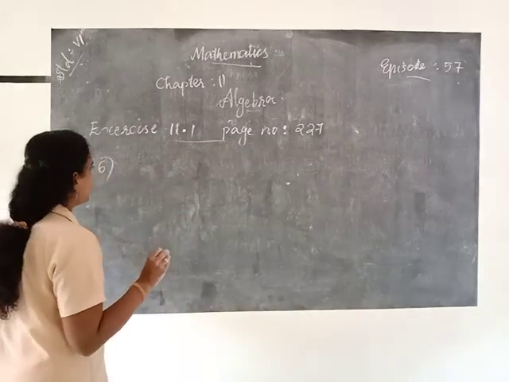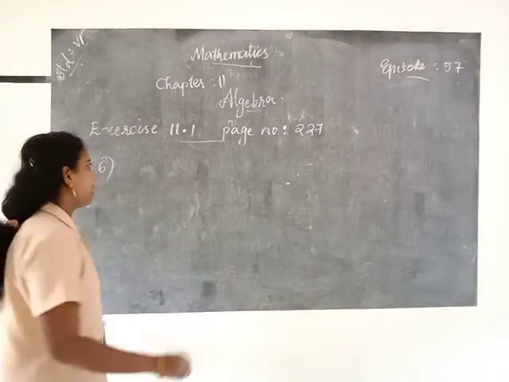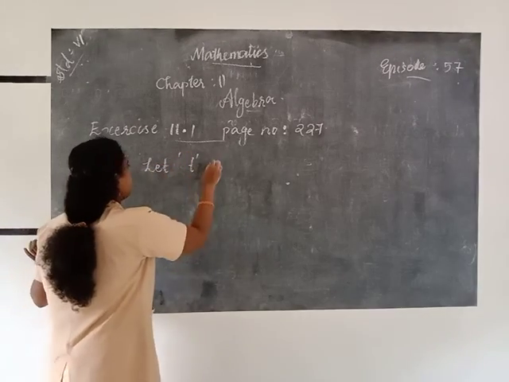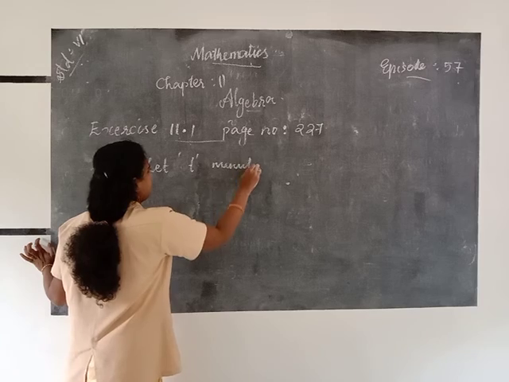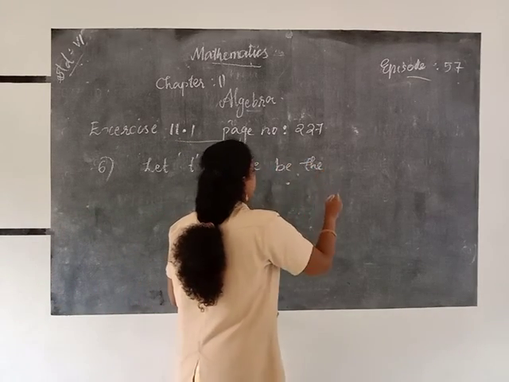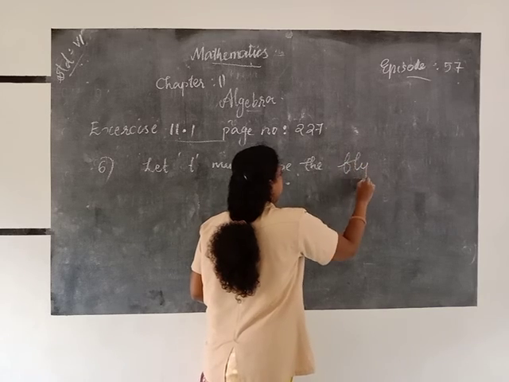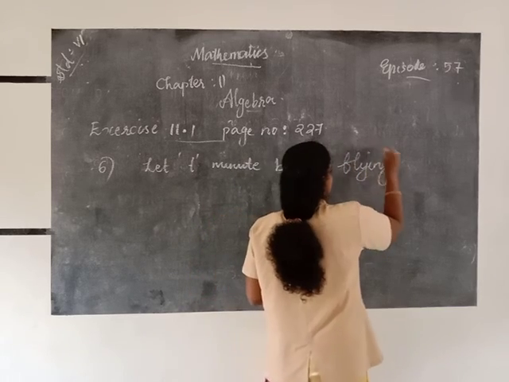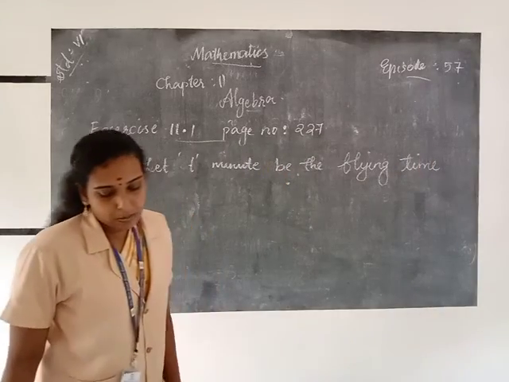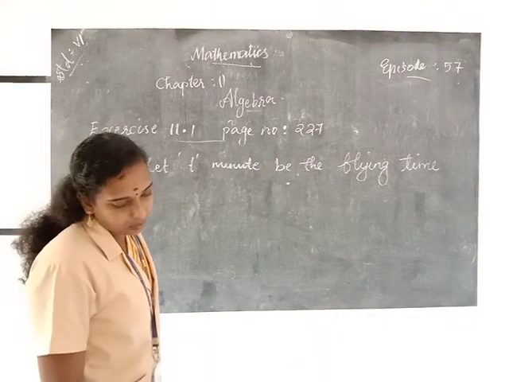So here let T minutes be the flying time. T minutes be the flying time and here the distance covered is given.